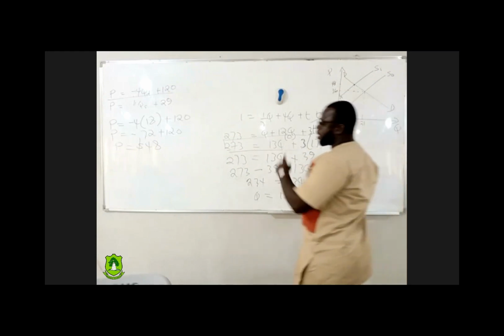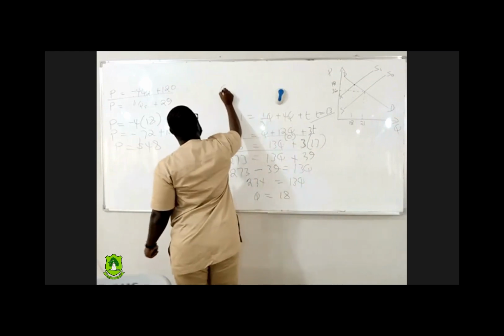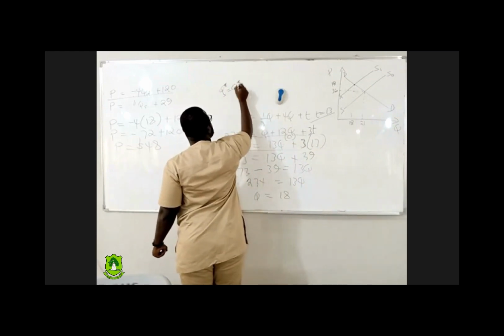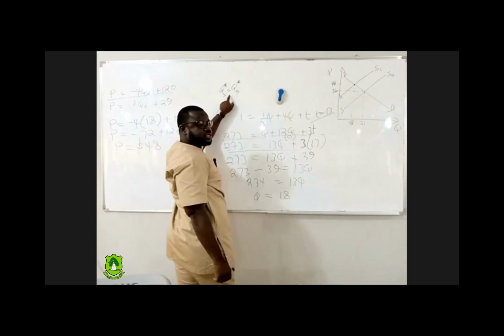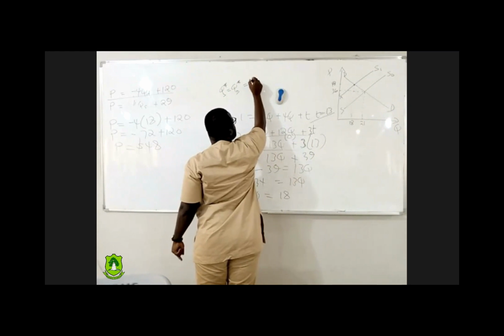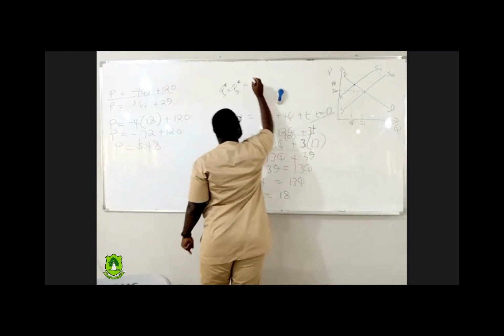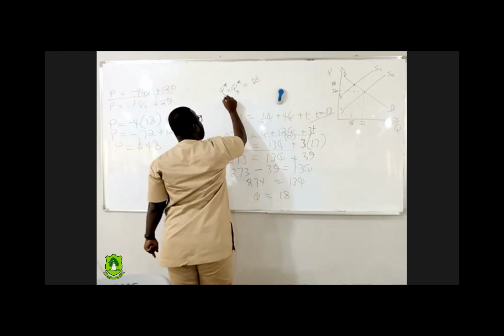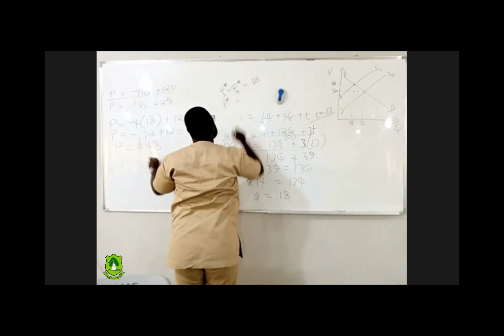So the new equivalent quantity, equivalent supply, will be equal to 18.